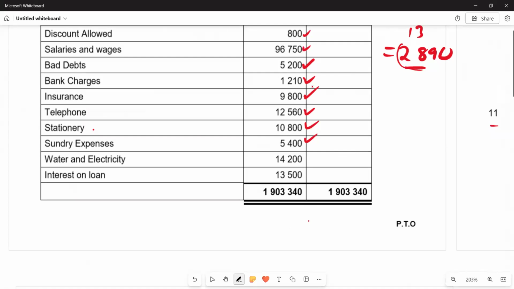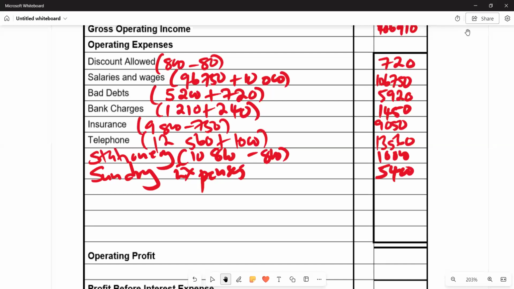Let's just try to see. Then that figure is 14,200. So we are saying water and electricity.